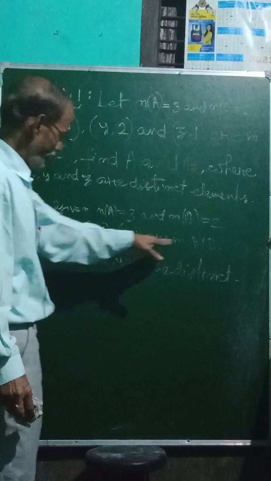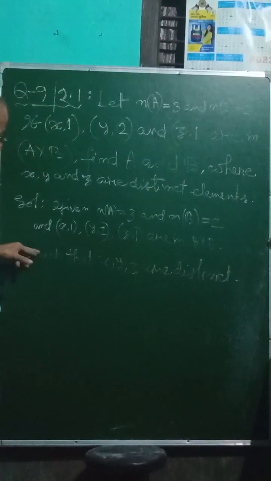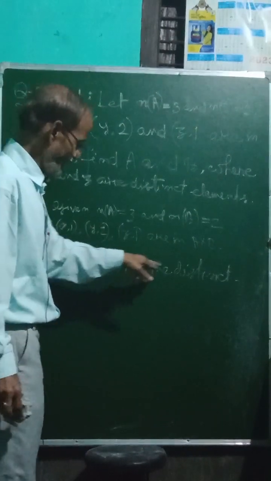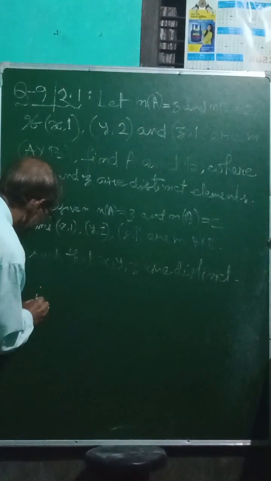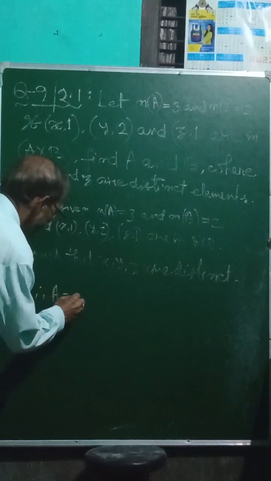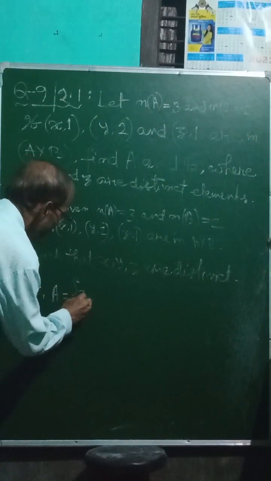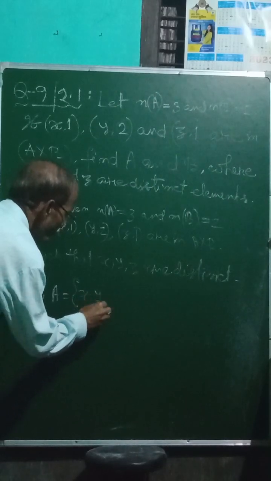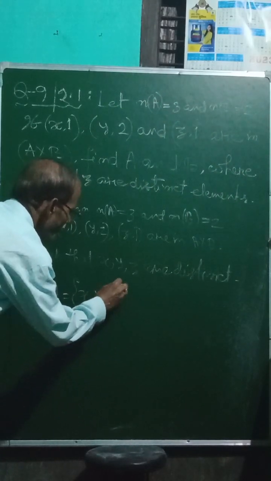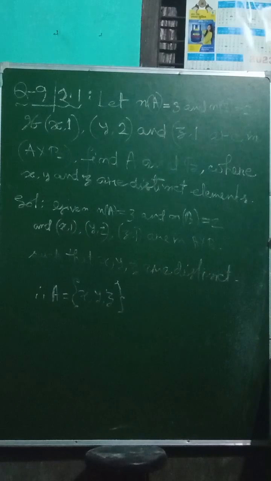And these belong to A cross B, whereas x, y and z are distinct. Therefore A is equal to {x, y, z}.